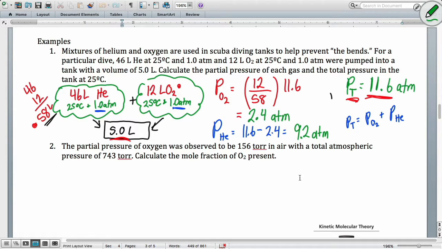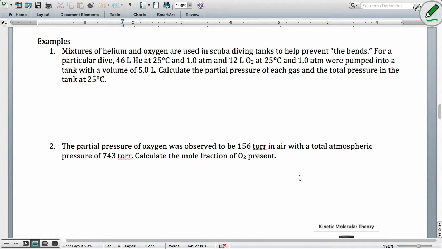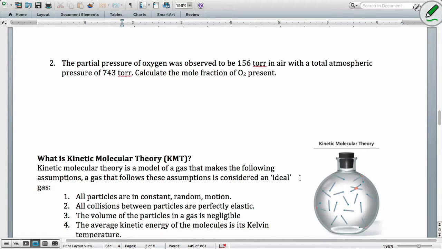Cool? So that was a hard problem. That took a lot of things into consideration, but let's try a basic, pure Dalton's Law problem. Make sure you have all this down before I erase it in 3, 2, 1. I want you guys to try this one.